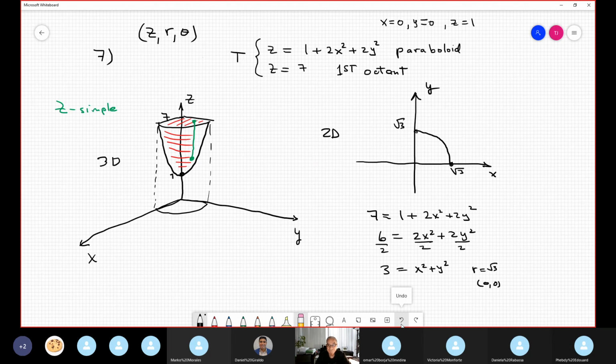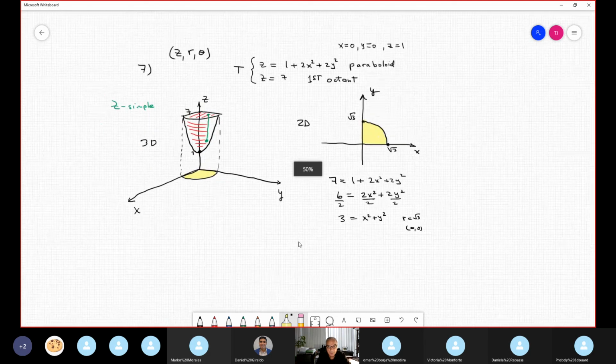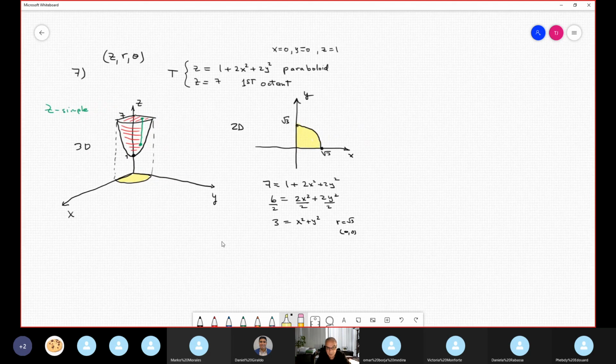Okay, super. This is the region of the double integral. Okay, this region in 3D. Now, ready to set out and compute the triple integral. Well, the triple integral, let me try it here, is triple integral. The integrand function is 1 because it's volume.